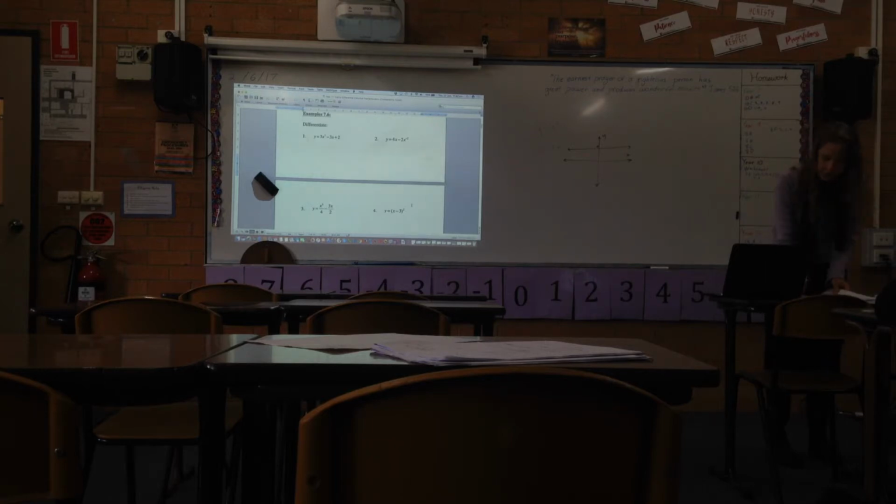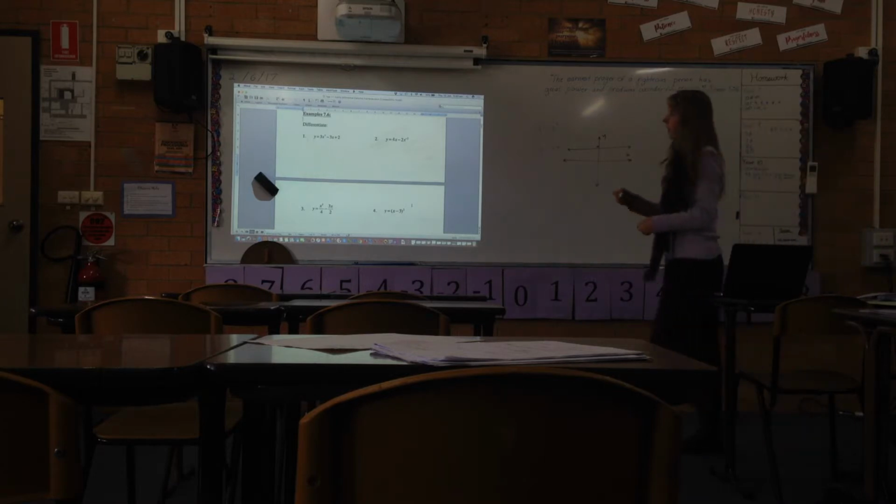We'll first differentiate the first one. Won't it go 7 times 3, which is going to be 21? So it will be 21x to the power of 6.